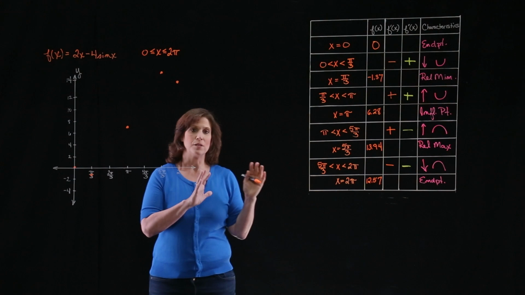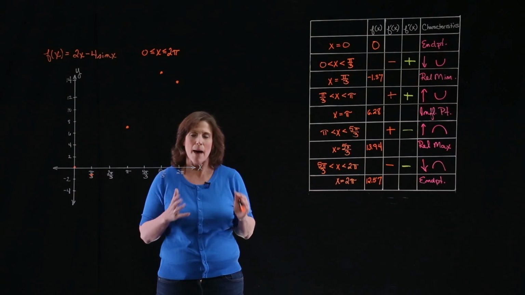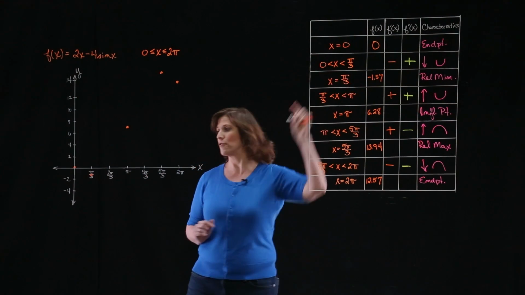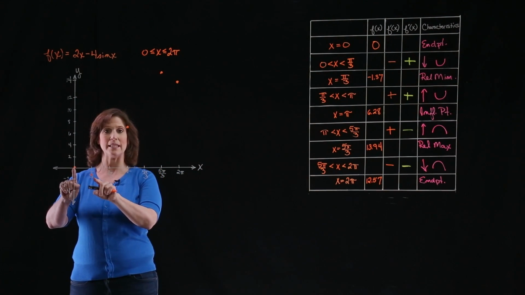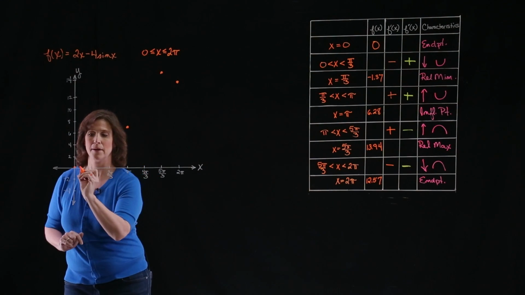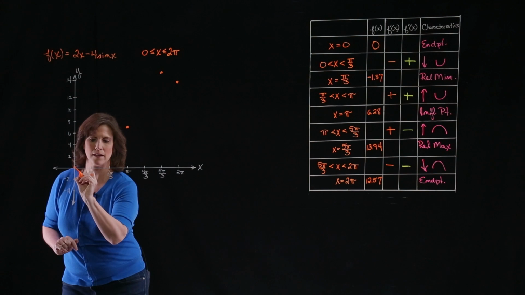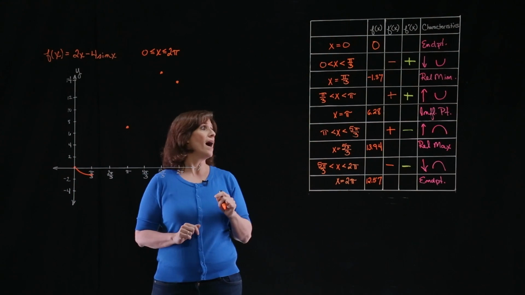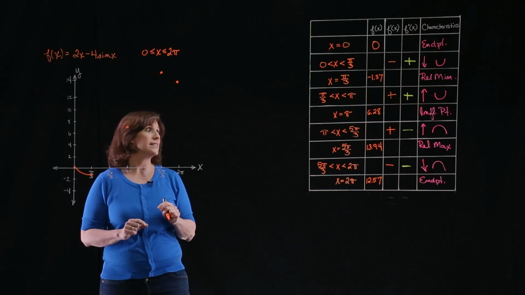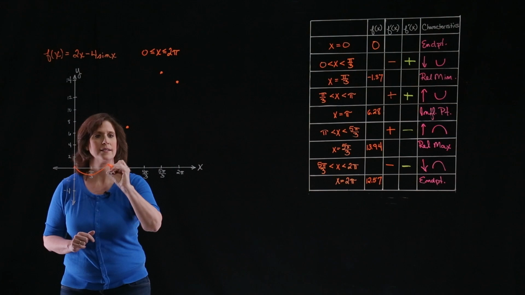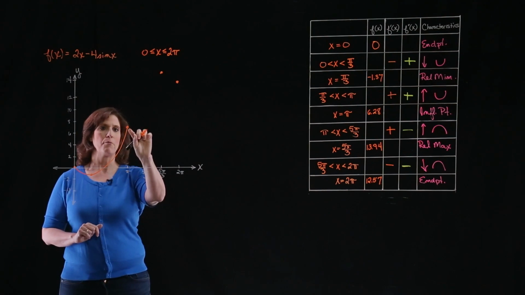Okay, now that I have those important key points, let's see what's happening on those intervals. I know that between 0 and pi over 3, which is taking me from this point to this point, my graph is decreasing and concave up. So it's going to look like this. Between pi over 3 and pi, my graph is increasing, but it continues to be concave up until I hit my point at pi.